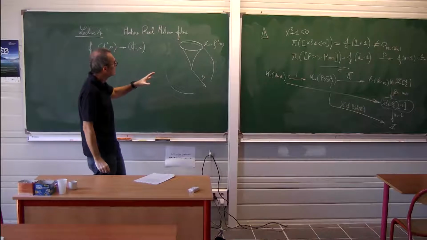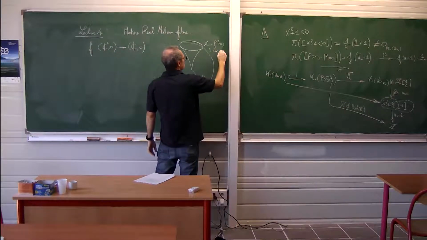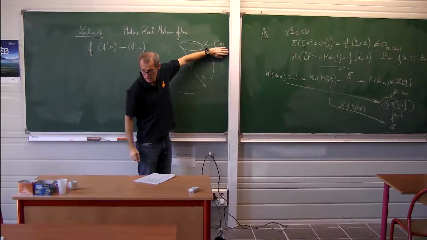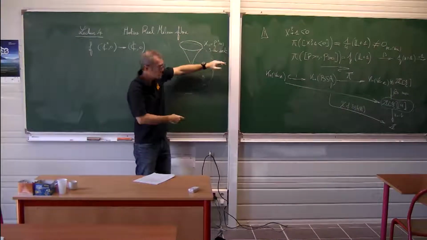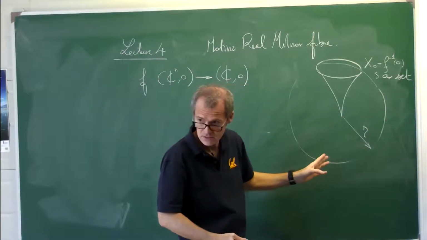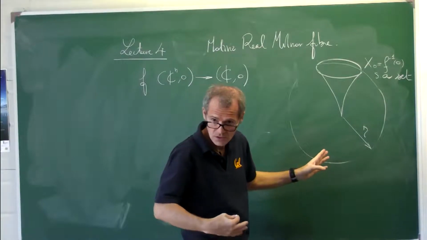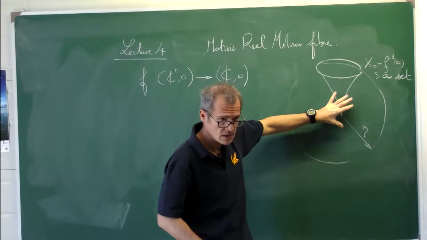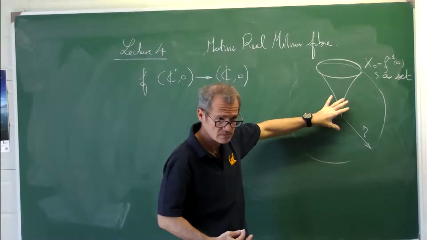We know that this is a semi-algebraic set. This guy is an algebraic germ. Since we cut with a sphere, we are no longer algebraic, we are semi-algebraic. We have inequalities. This is why I introduced semi-algebraic sets in lecture 1, because what I want to study here is a Milnor fiber seen as a semi-algebraic set.